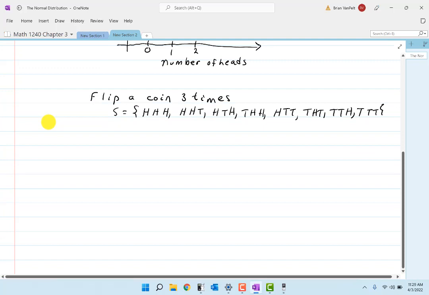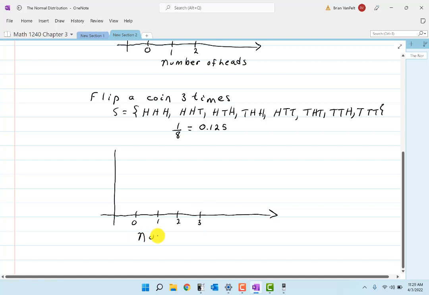Each of these has the probability of 1/8. So every single one of these things has the probability of 1/8, which is 0.125. You don't have to really follow this. I just want you to see how the picture is going to progress as we go on and on. So now I can have 0 heads, I can have 1 heads, I can have 2 heads, or I can have 3 heads.